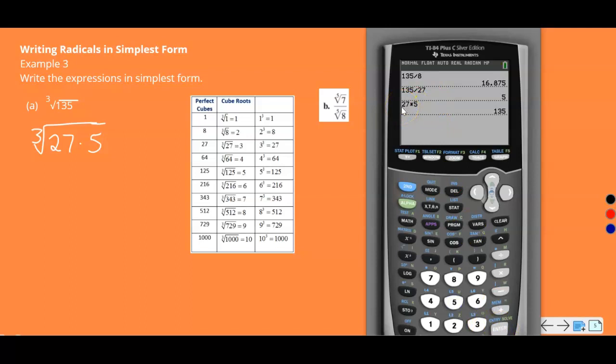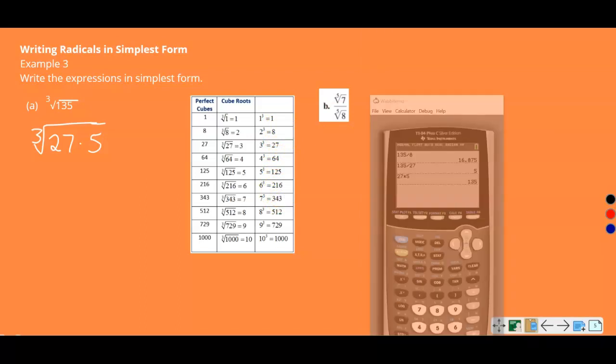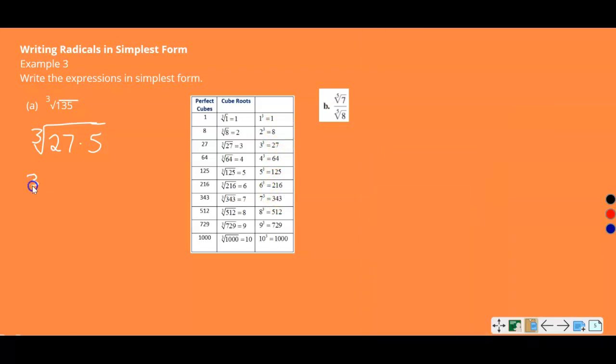Again, the reason we chose 27 is because it is a perfect cube. 3 cubed is 27. So we can rewrite this as the cube root of 27 times the cube root of 5. The cube root of 27 is 3, so we have 3 times the cube root of 5. That would be in simplest form.